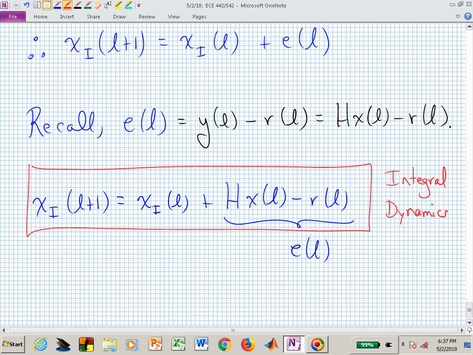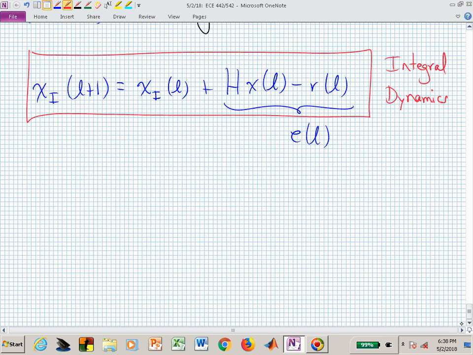Now we're simply keeping all of that, and that's why we're integrating up, or x sub I represents sort of a building or an integration of the error in the system. What we want to do now is use this additional set of equations, it's just one, and augment, add that to what we started with, the original dynamics.